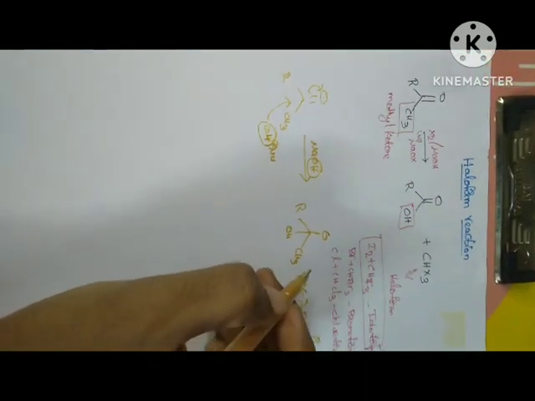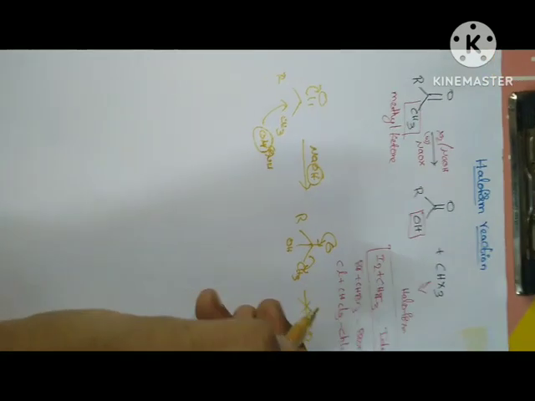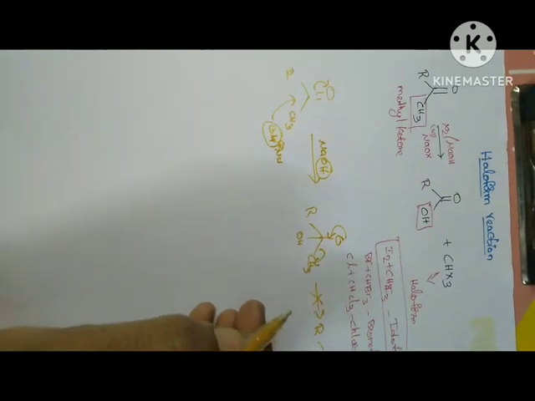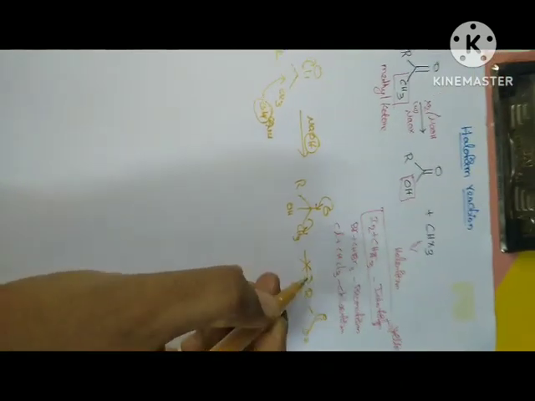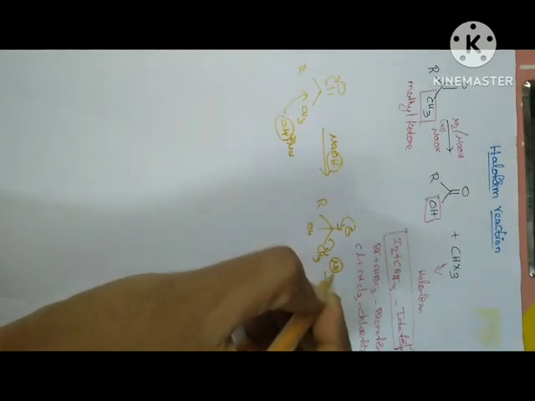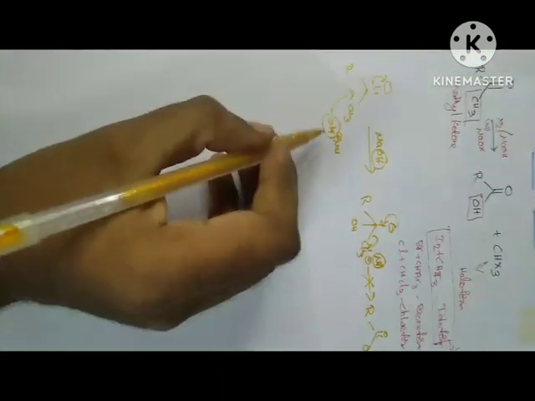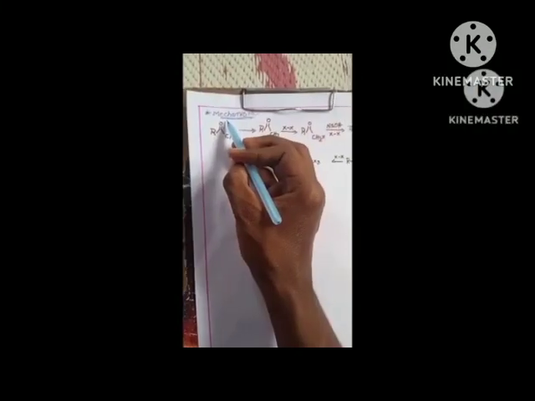When the oxygen is written, the methyl group goes outside, and must be converted into a nucleophile, which means minus.